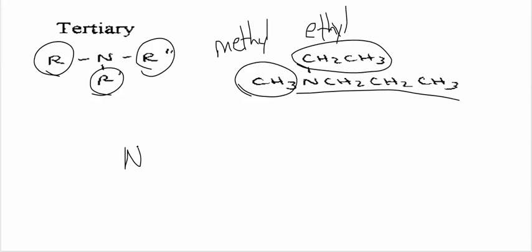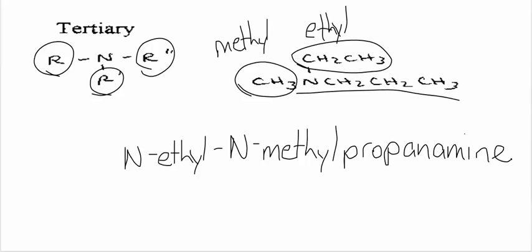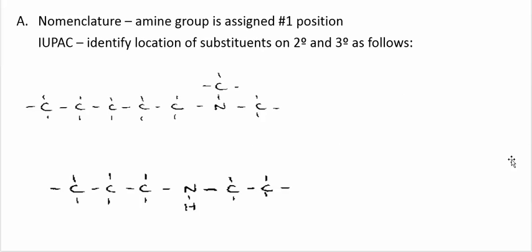So we're going to say N-ethyl, N-methyl. That will take care of the substituents. And then the longest chain is prop. So propanamine. N-ethyl, N-methyl, propanamine. So when you name amines, the longest chain gets the suffix.